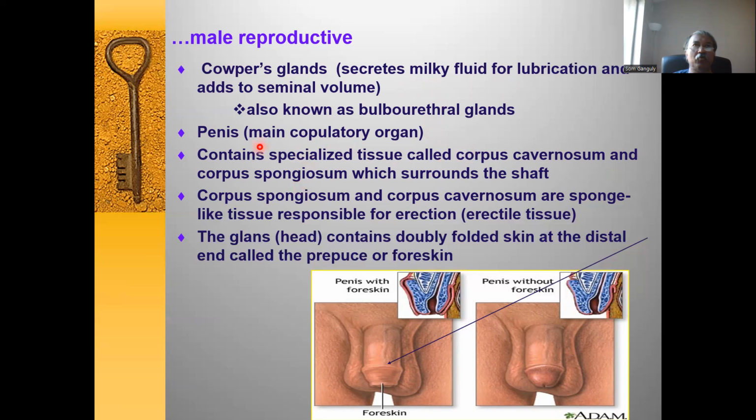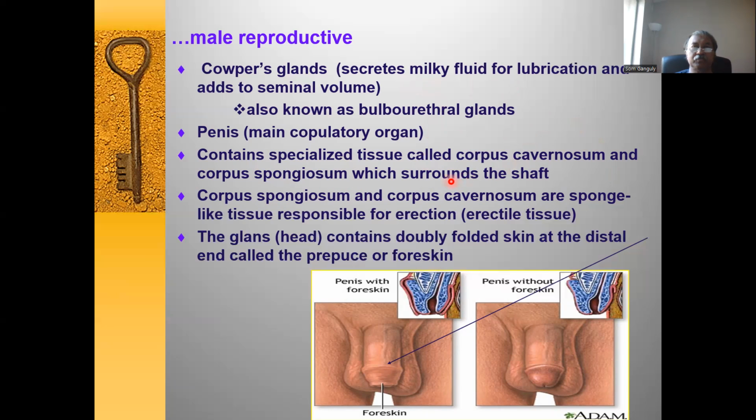The main copulatory organ is the penis, as we all know, and the tissues which cause the penis to function are called corpus cavernosum and corpus spongiosum.